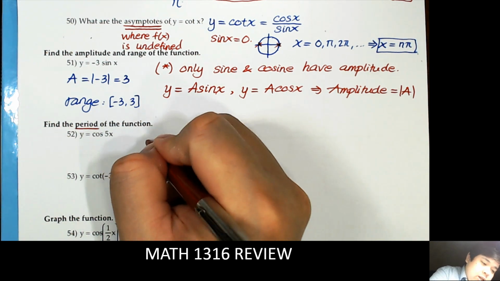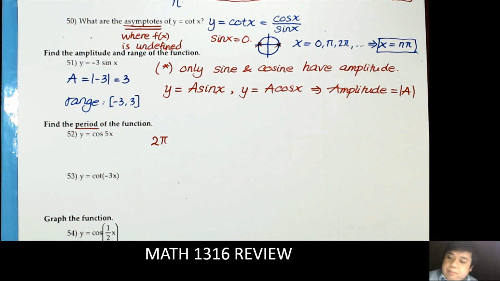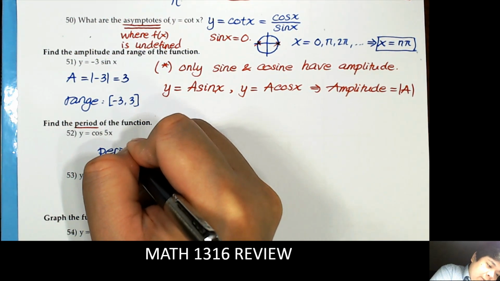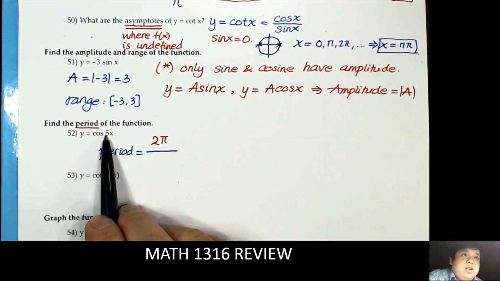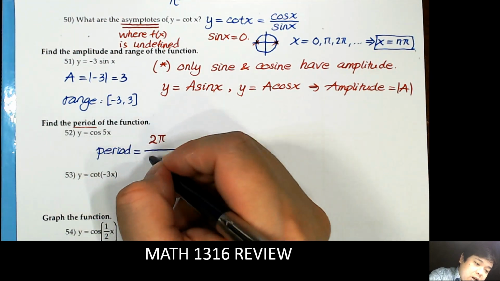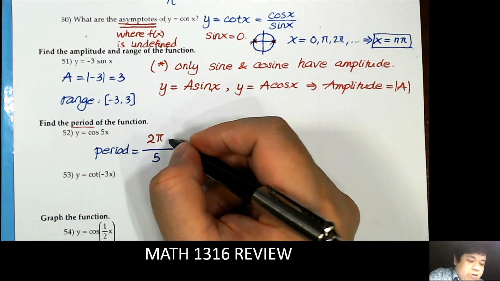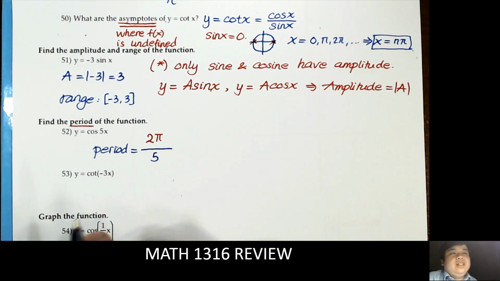By default, the period is going to be 2 pi for cosine. However, on this problem, we have the coefficient of x. So we always divide by the coefficient of x. So that gives us 2 pi over 5.